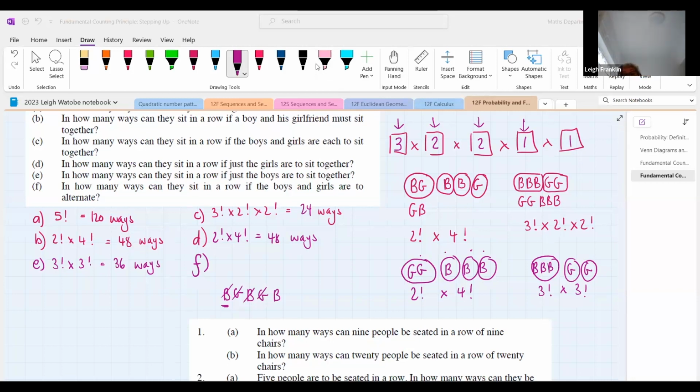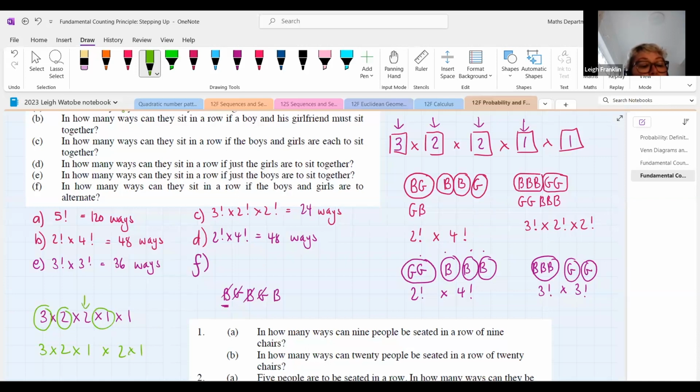So the other way that you could write this, if you've got 3 by 2 by 2 by 1 by 1, you could write this as 3 times 2 times 1 times 2 times 1.